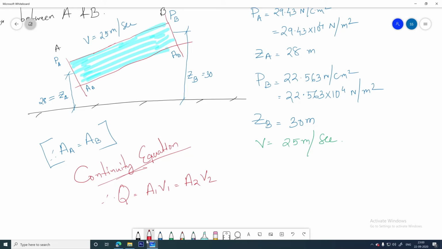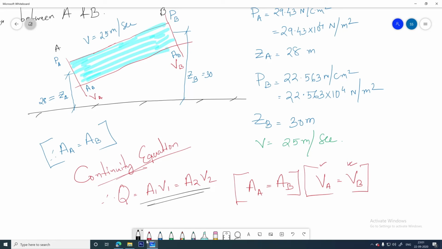Now as here in this condition A suffix A equals A suffix B, that means definitely the velocity as well, V suffix A equals V suffix B. That means if we have the velocity VA here and the velocity VB here, then VA is also equal to VB to satisfy this continuity equation. So whatever the value will be, VA equals VB equals V, and we know the value of V, that is 25 meter per second, right?